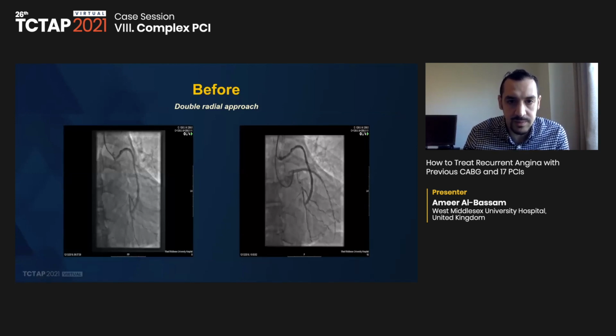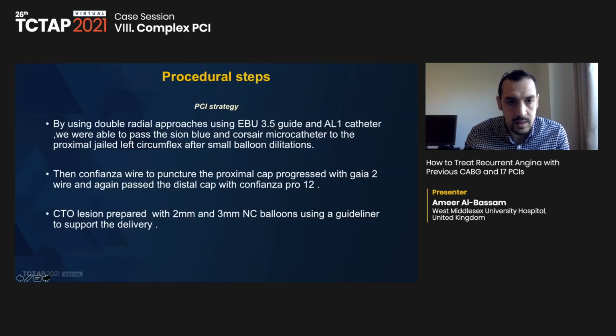So we did a double radial approach, and we used basically Cyan blue and then Corsair, and then for the jailed left circumflex we have to open the CTO.